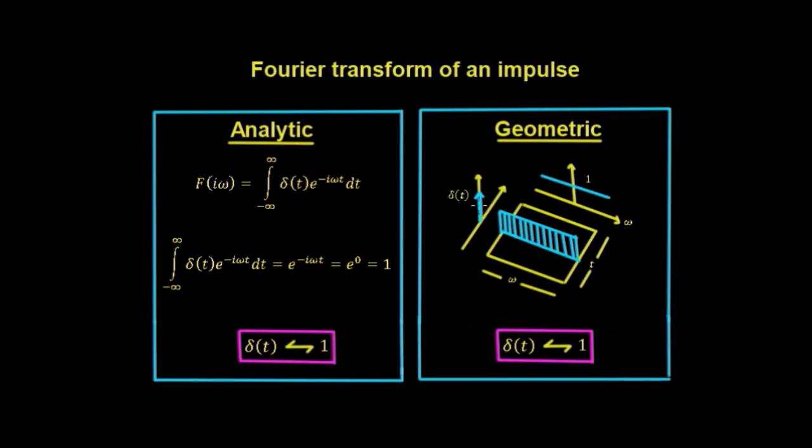So if we integrate an even function from minus infinity to infinity, we get a value. But if we integrate an odd function from minus infinity to infinity, we get a value of 0. So the sin omega t is going to be an odd function. The delta t is an even function, so even times odd becomes an odd. So it means that the sin omega t part of this just disappears.